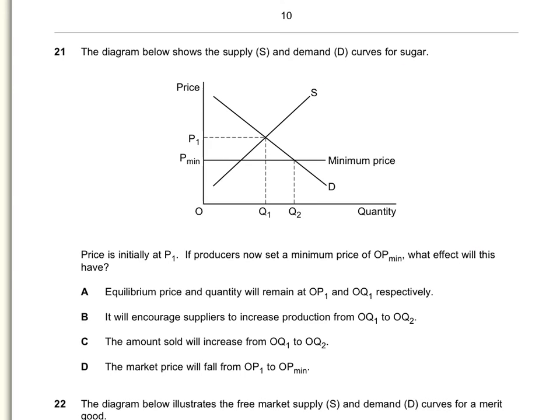Another government intervention question, but read it very carefully. So in this instance, it's a minimum price, and usually a minimum price is used to help the producers, and in this case, it's the producers of sugar. So the government's imposing a minimum price of P1, which is at a disequilibrium.